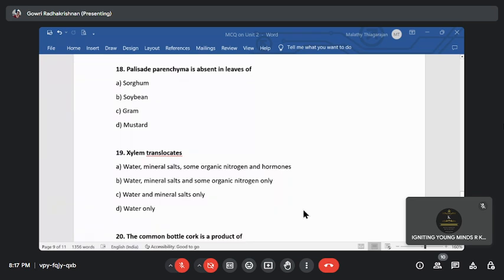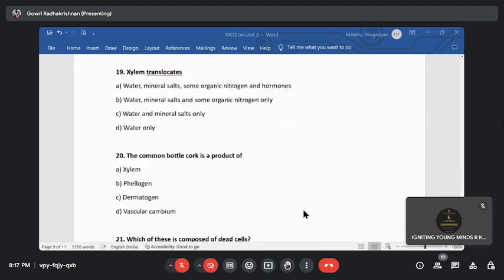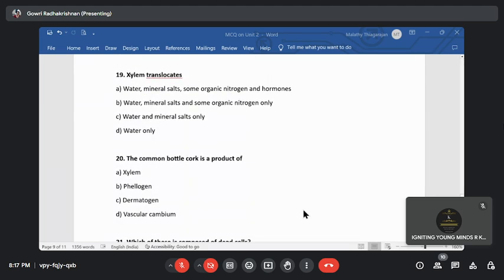Palisade parenchyma is absent in leaves of option A, sorghum. Translocates what? Water and mineral salts, ma'am.